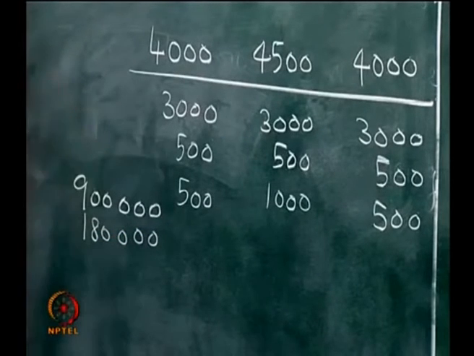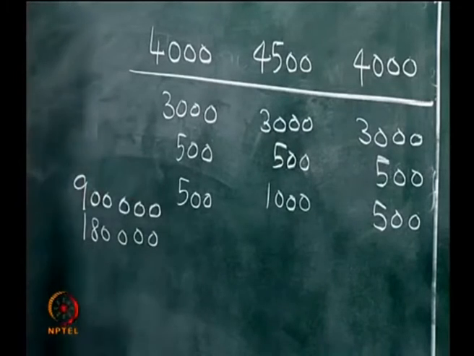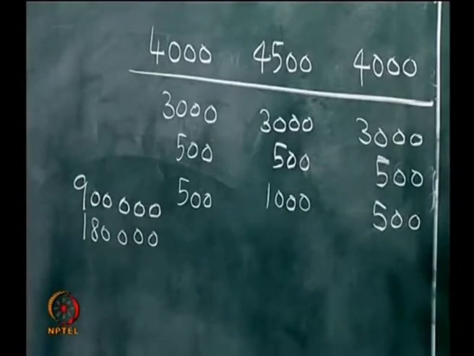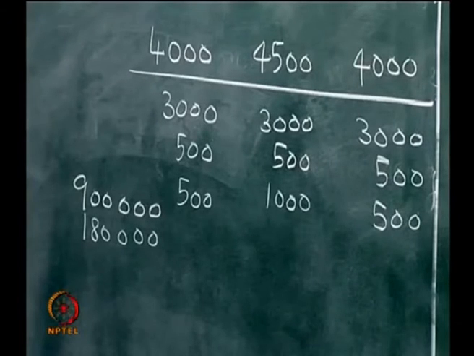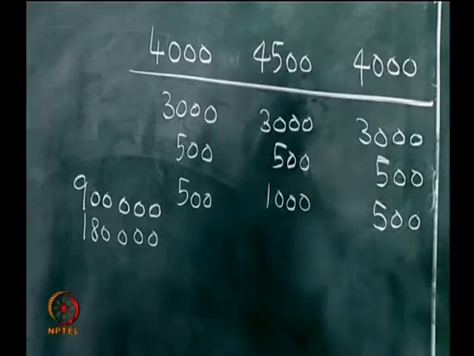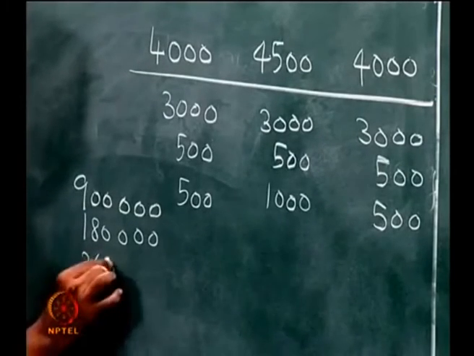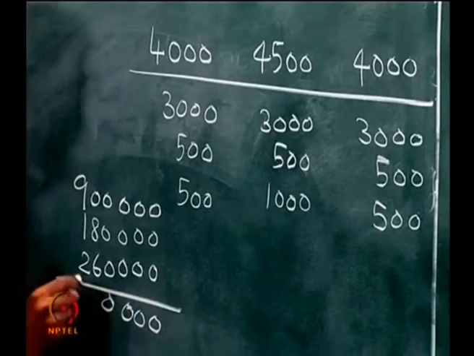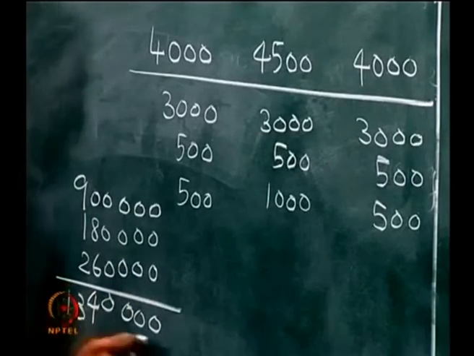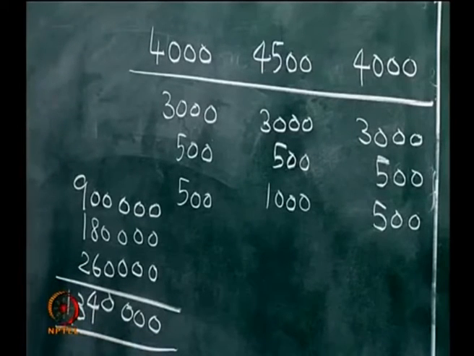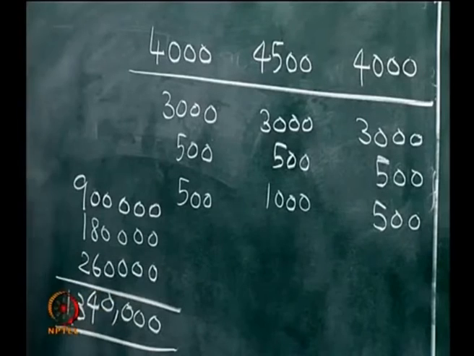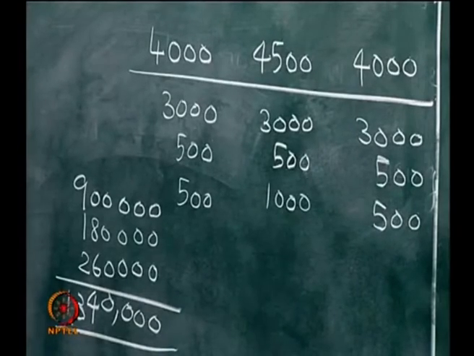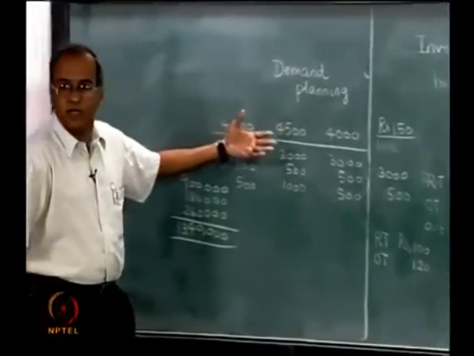If the outsourcing cost happens to be 130, then we have 2,000 into 130, which is 260,000, which gives us a total cost of 1,340,000 or 13,40,000, as against 970,000 here. The reason being the demand is now higher.